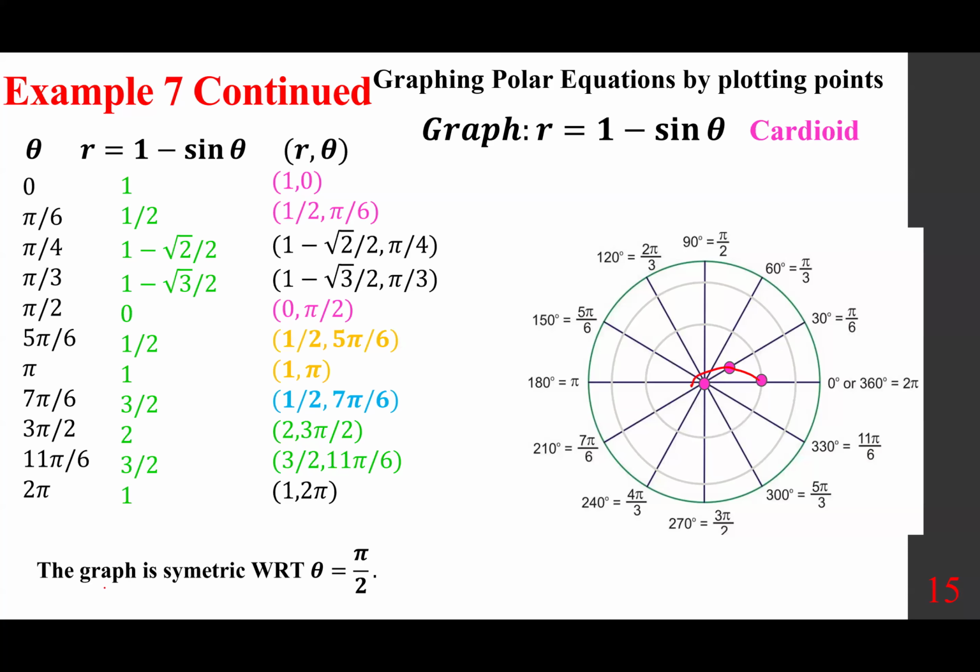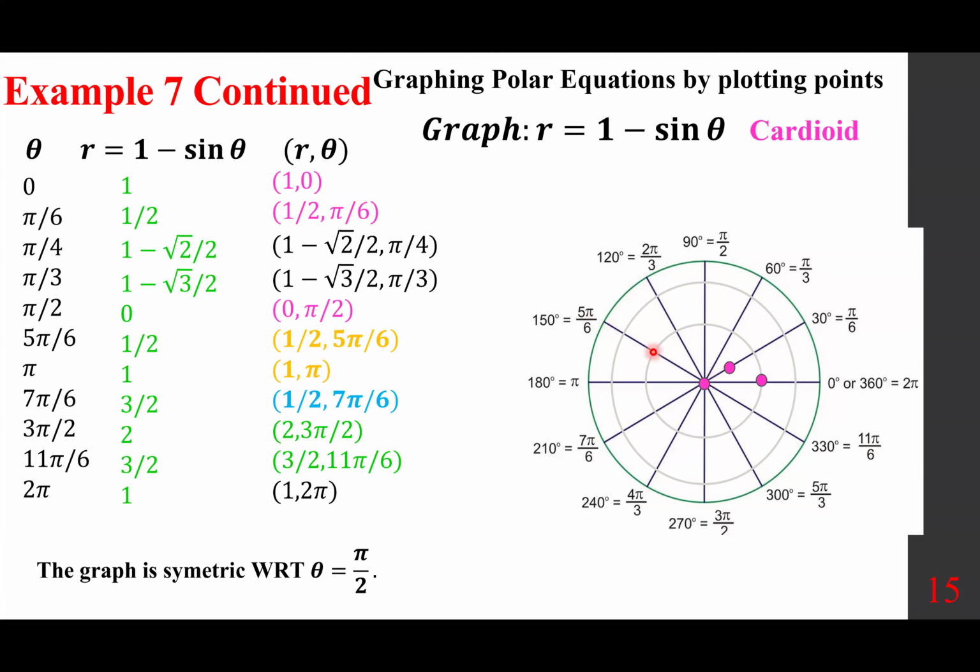Okay, and I'm going to erase my work. Now, the next one, 1/2, is easy also. So I'm going to look for 5 pi over 6, it is here. 5 pi over 6 goes for 1/2.